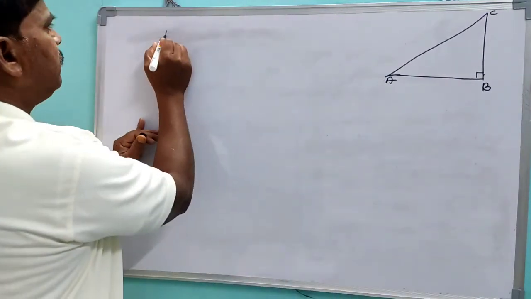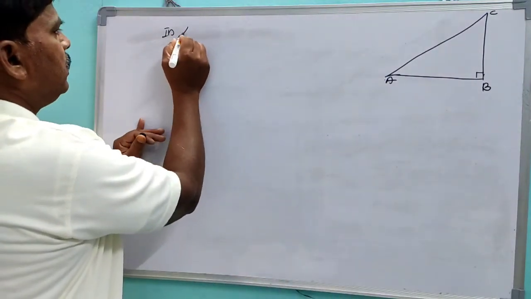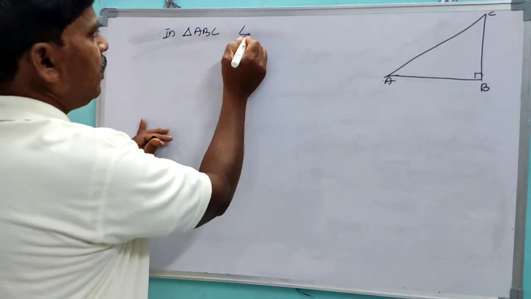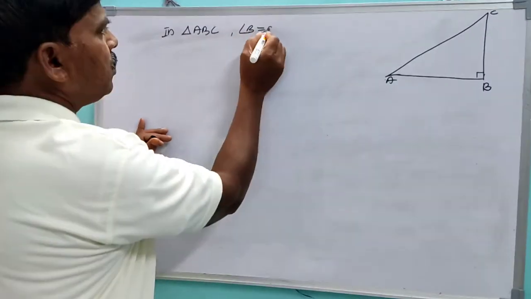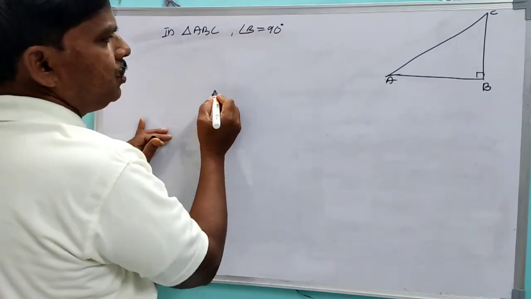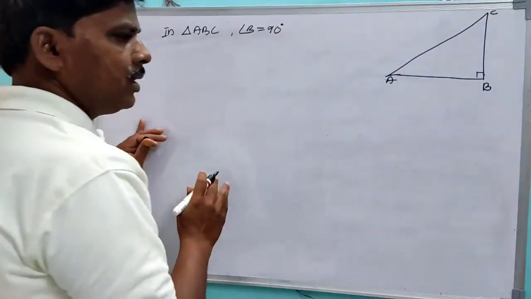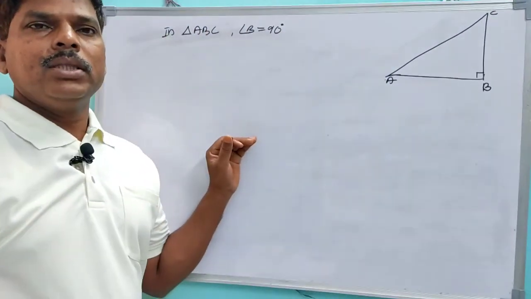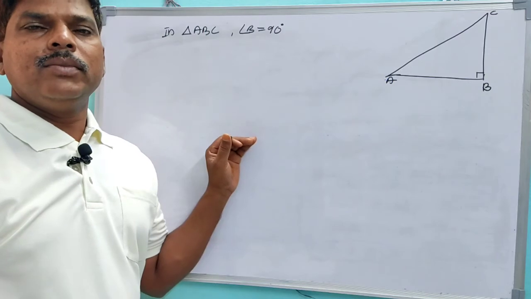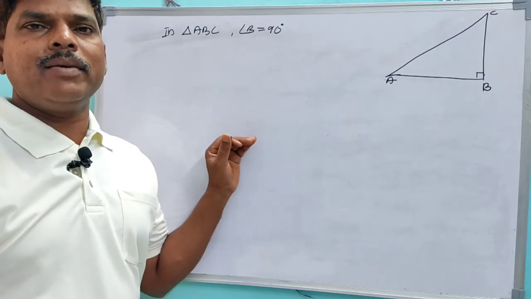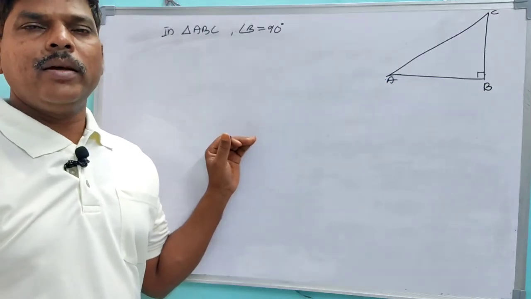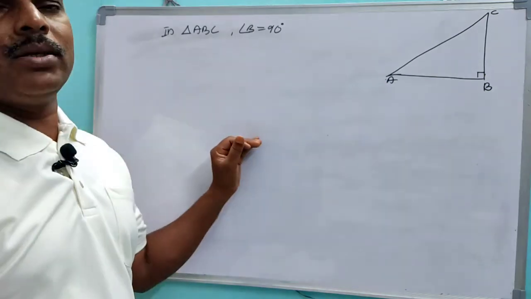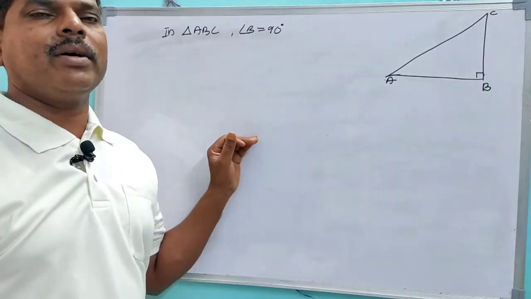In triangle ABC, angle B is equal to 90, therefore AC is the hypotenuse, and as we know by Pythagoras theorem, the square of the hypotenuse is equal to the sum of the squares of the other two sides.